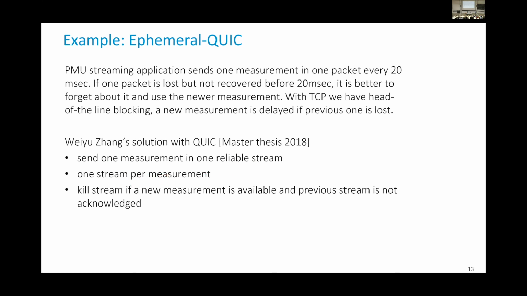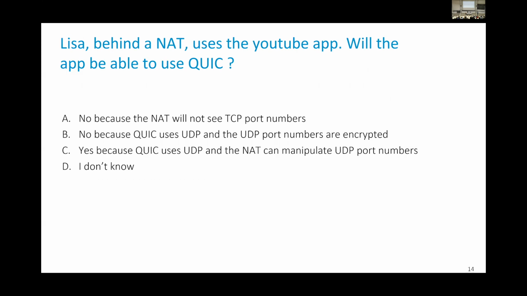We can do that because now streams have zero overhead in QUIC, so we can open as many streams as we want. It doesn't cost anything. And if a new measurement is available, you kill the previous stream by sending a reset. If the previous stream has not been acknowledged, then you simply kill it. So that would be an easy way with QUIC. That's the kind of thing that QUIC can enable here.